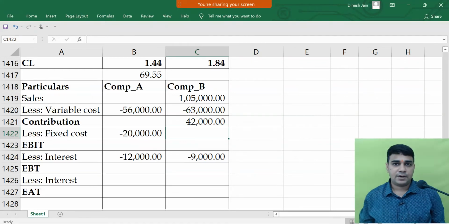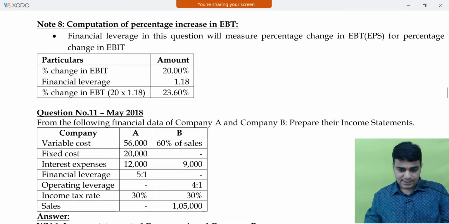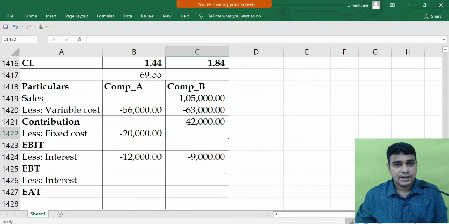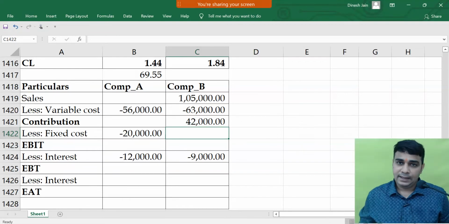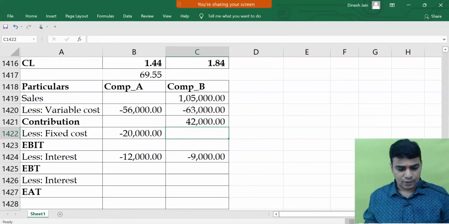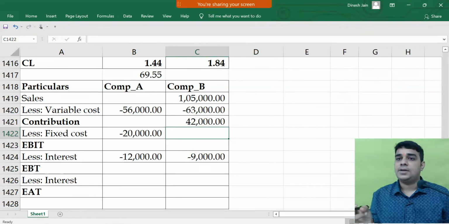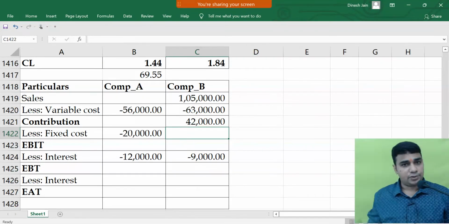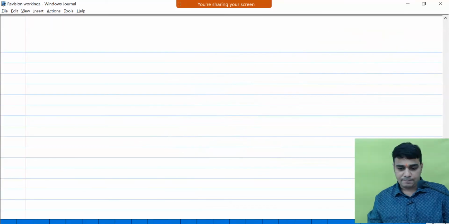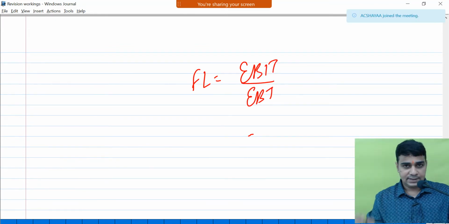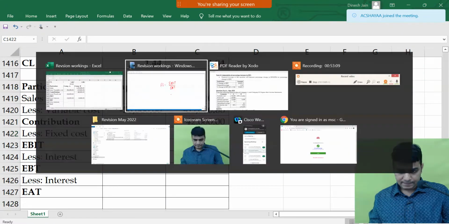The leverage which I have is financial leverage. The formula for financial leverage is EBIT by EBT, assuming preference dividend is not there. If you have either EBIT or interest or EBT, you will be able to calculate everything. So I use financial leverage of company A. FL is equal to EBIT by EBT.